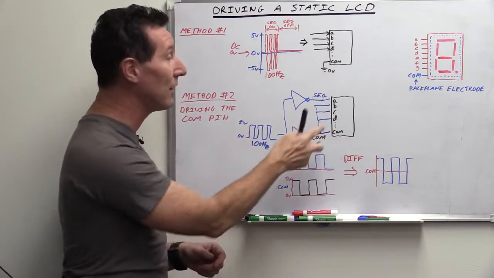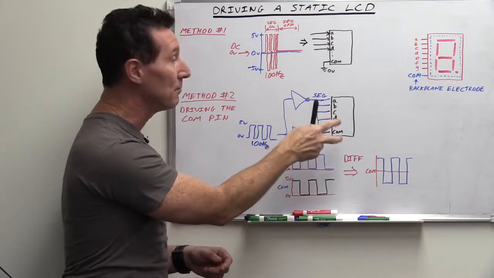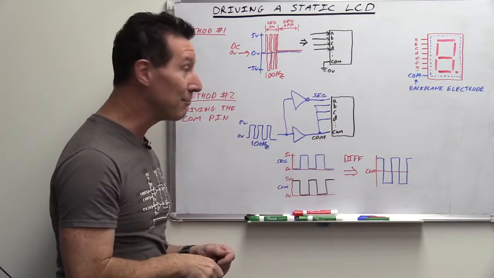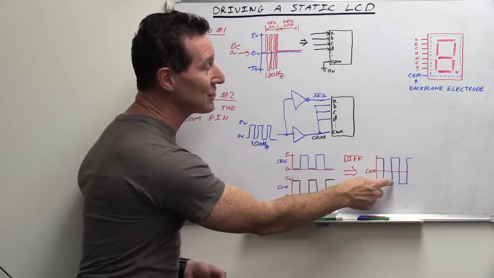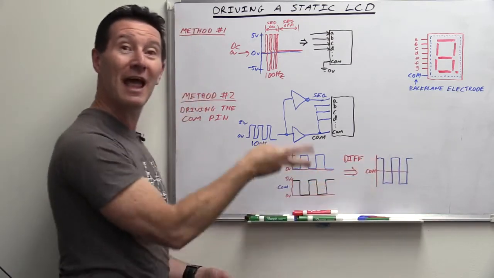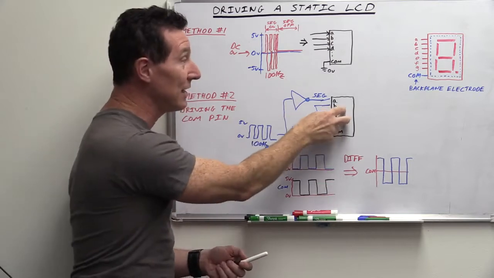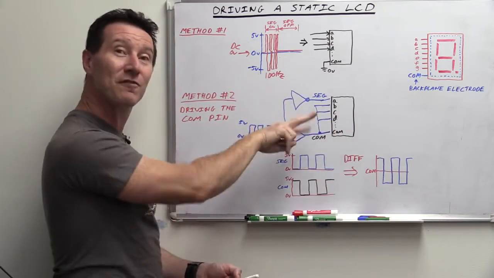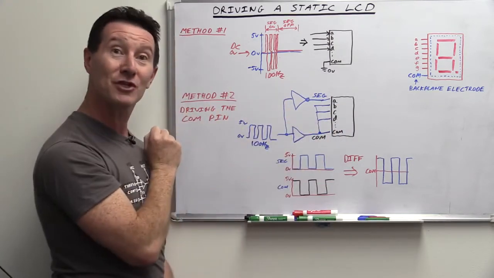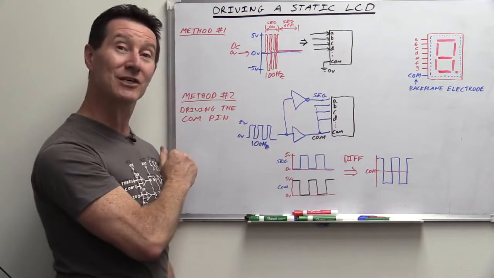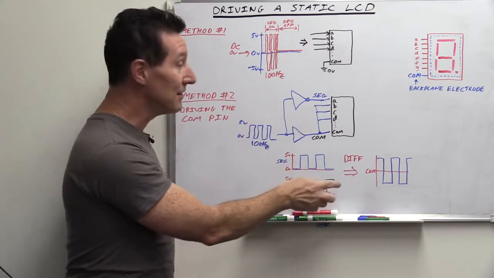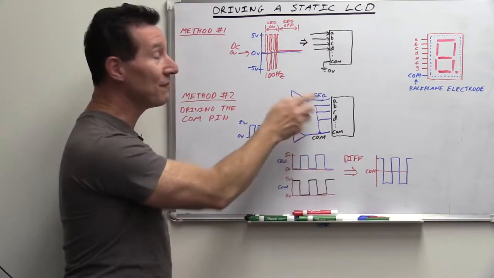Remember, the LCD only cares about the difference between the common pin and the segment pin. If you take the COM pin as a reference, bingo, it's actually going positive and negative. According to the LCD, as far as it sees it, it's flipping polarity relative to the common pin. So the average value, as far as the LCD is concerned, is 0 relative to the common.